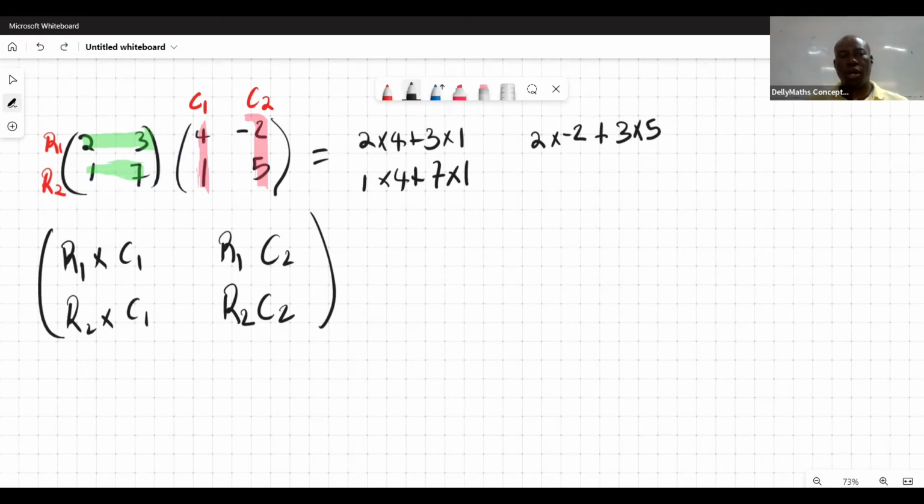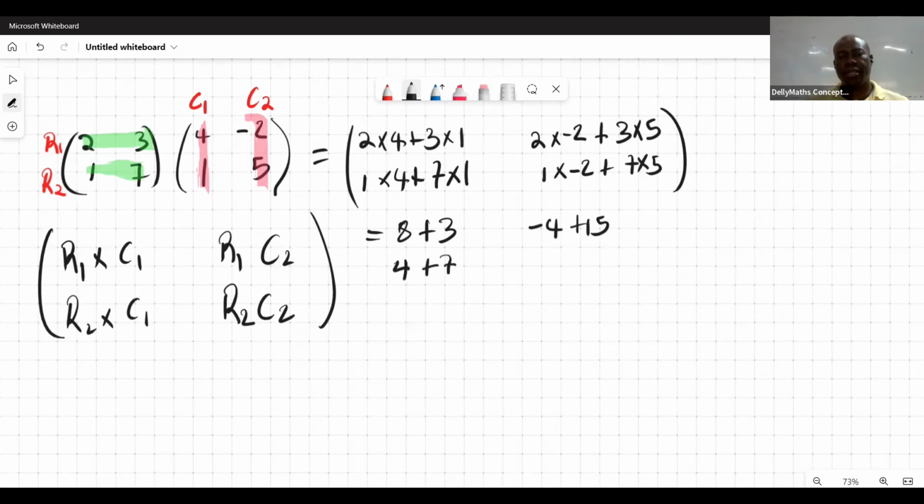So let's go. 1 times negative 2 plus 7 times 5. Let's put together these values. 8 plus 3, negative 4 plus 15, 4 plus 7, negative 2 plus 35.